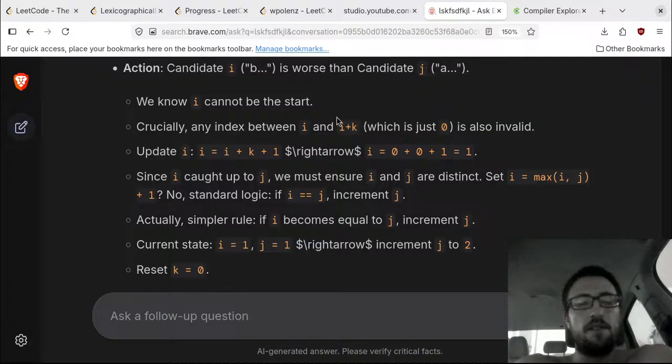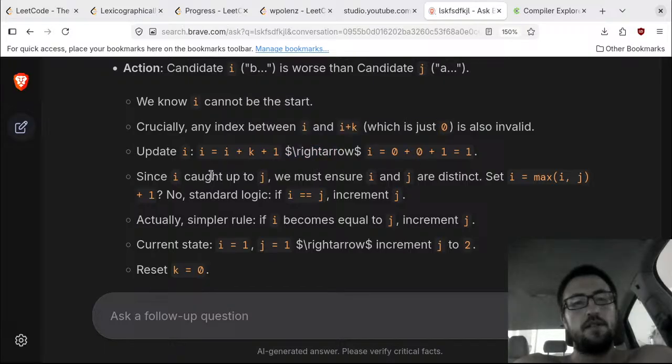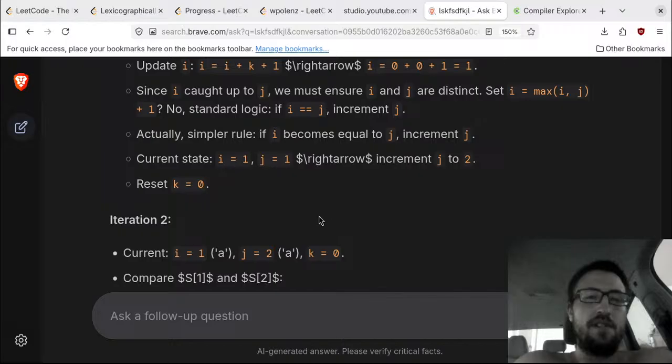Update i to i plus k plus 1, which is 1. So i caught up to j, and we must ensure i and j are distinct. Standard logic: if i equals j, increment j. Current state, i is 1, j is 2.